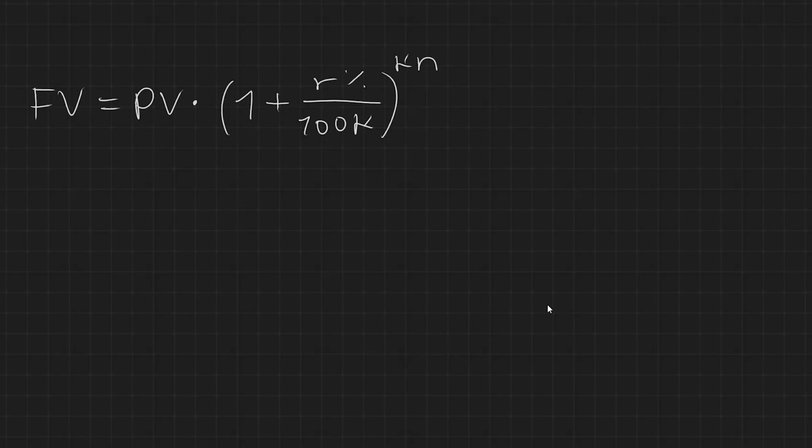Now you can use this equation for any amount of money that you are putting into your account, which is being compounded by a certain number of compounding periods, which is the k here. And for the purpose of this video, we're going to stick to dollars.